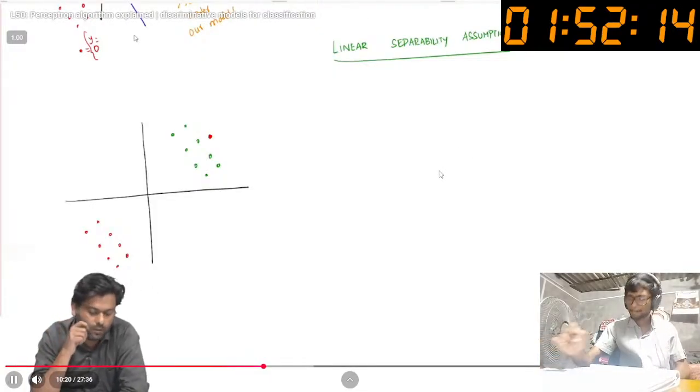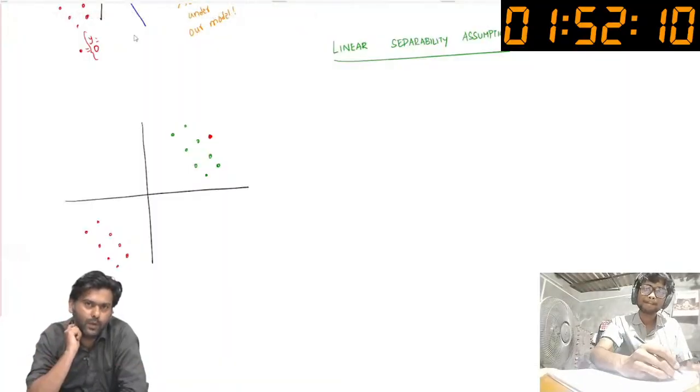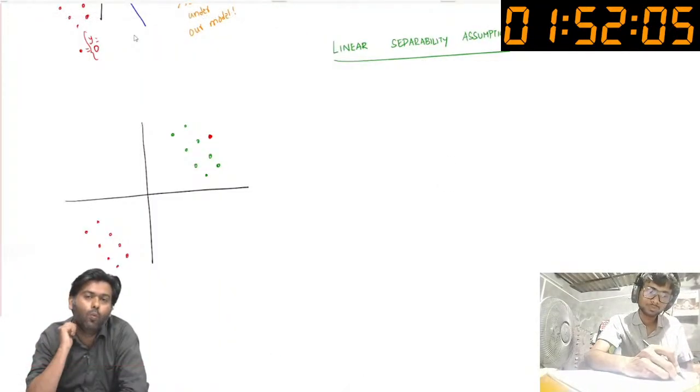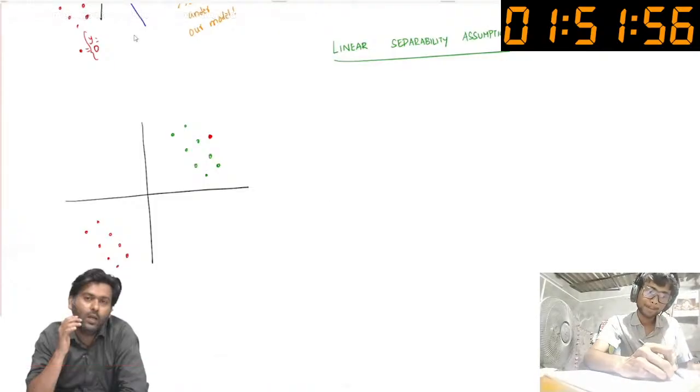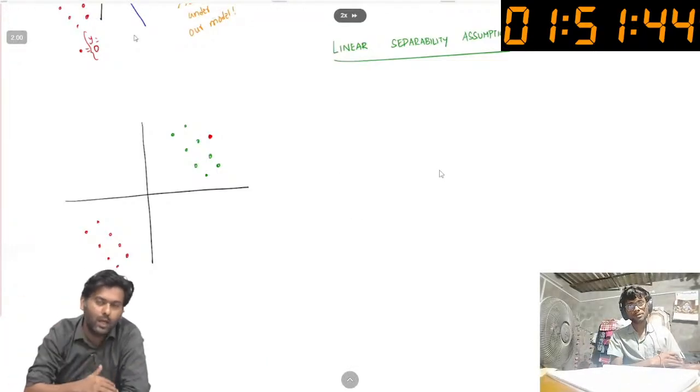Now I ask the question, could I have seen this data under the model that I'm assuming? If I have seen this data under the model that I'm assuming, then somebody has given me the labels according to some w.